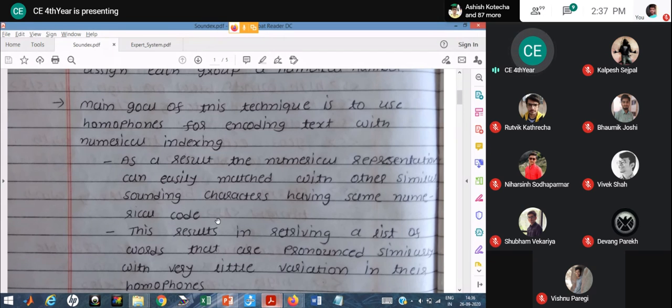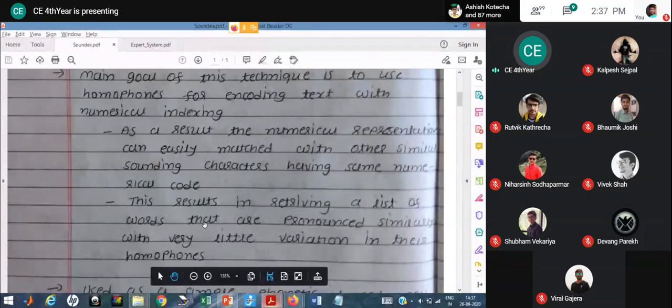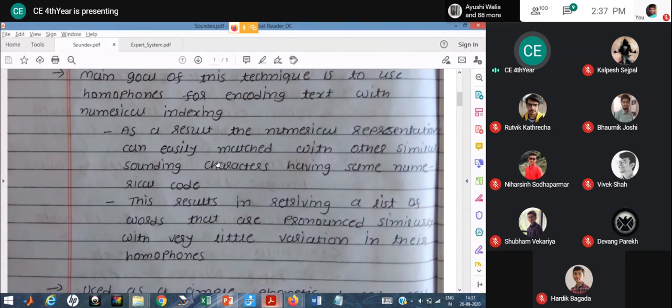So this results in retrieving a list of words that are pronounced similarly with very little variation in their homophone. If you want to retrieve a list of words that are pronounced similarly with very little variation, then with the help of the Soundex algorithm you can easily get that list of words.